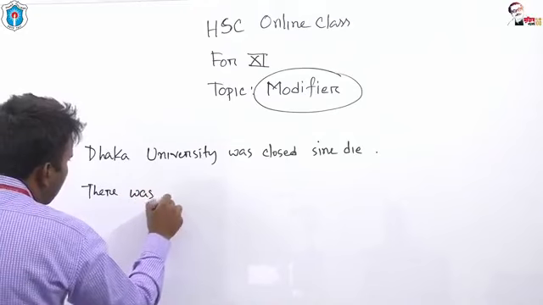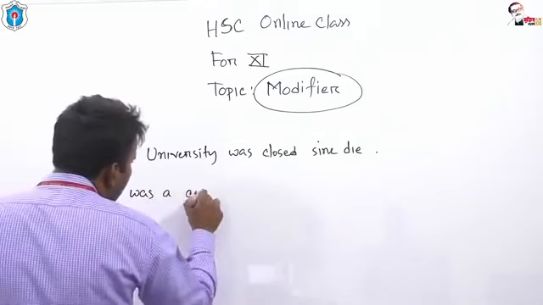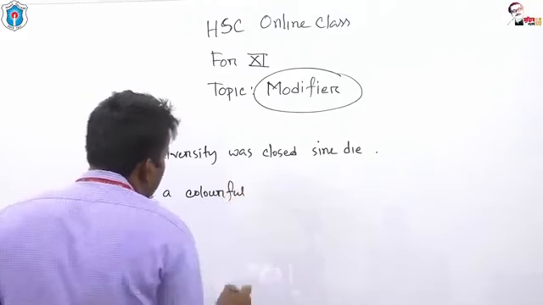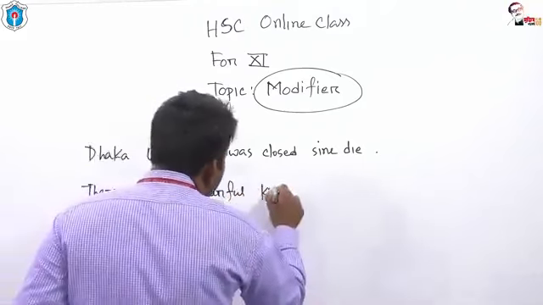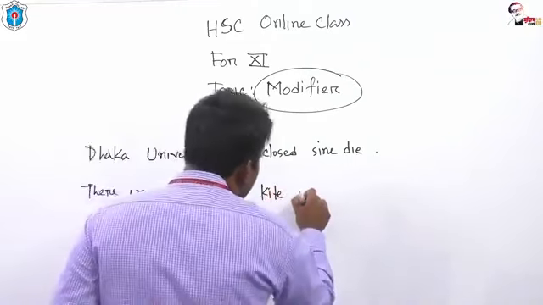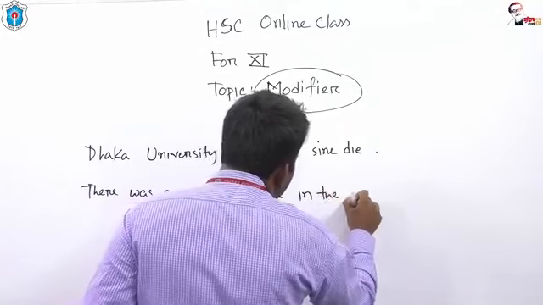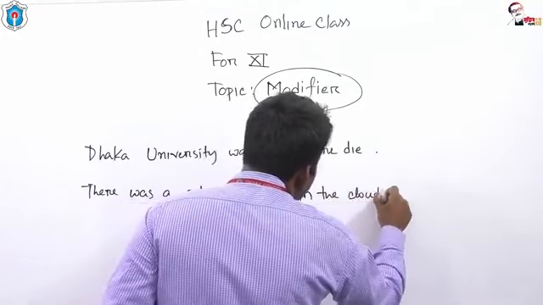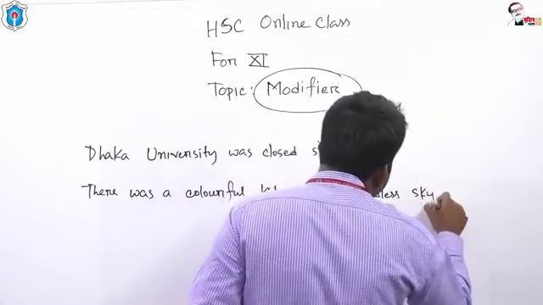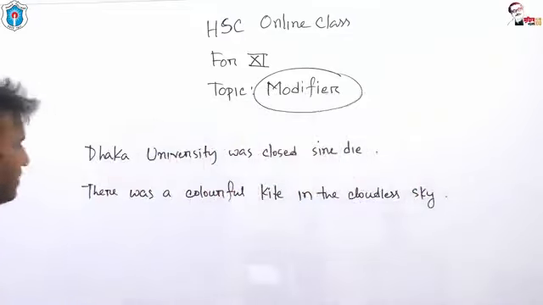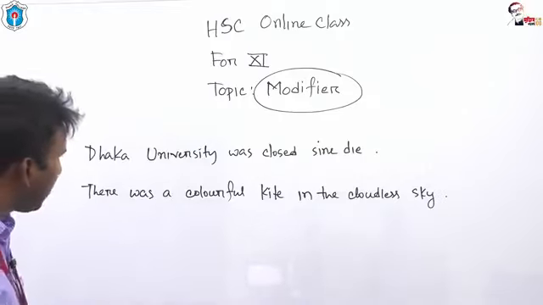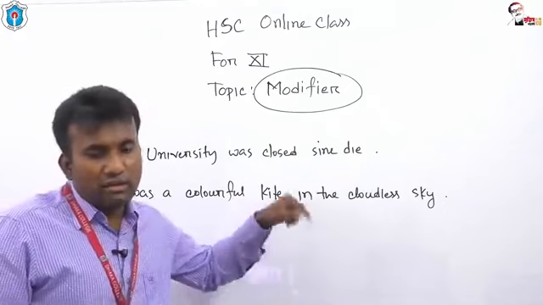There was a colorful kite in the cloudless sky. Look at the first example, my dear student. Dhaka University was closed sine die. There was a colorful kite in the cloudless sky.